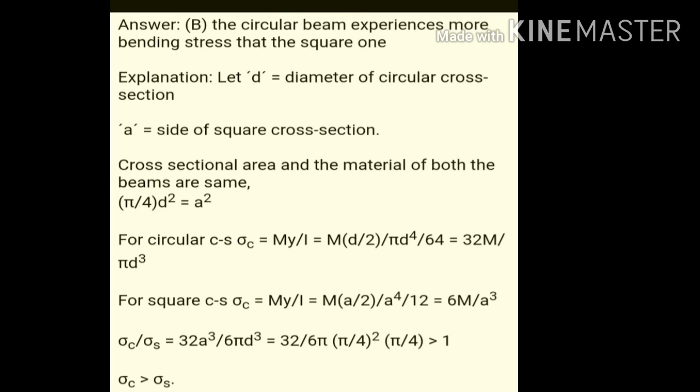From that logic, d square can be replaced by 4a square by pi. Substituting, a will cancel, and by using your calculator the value is more than 1. That means the circular cross section will experience more bending stress compared to the square cross section.